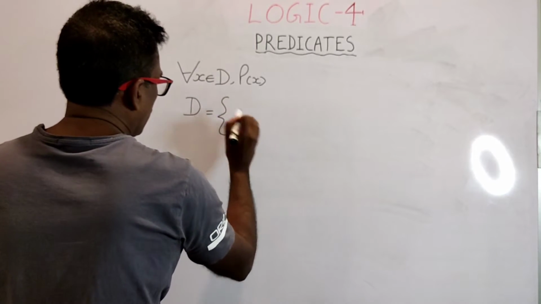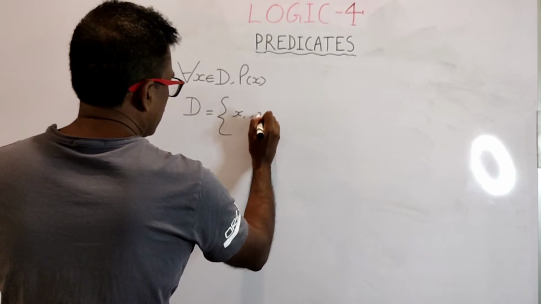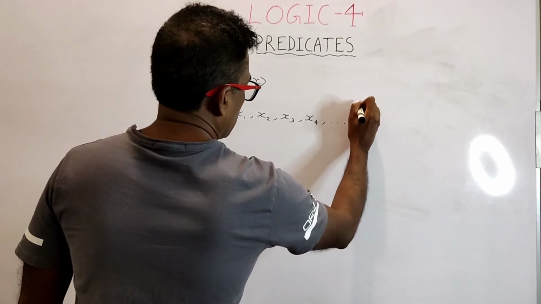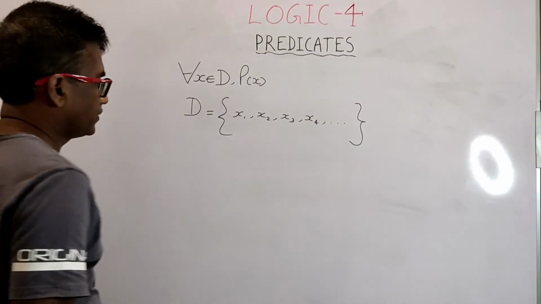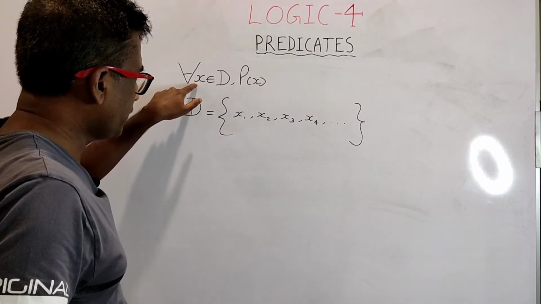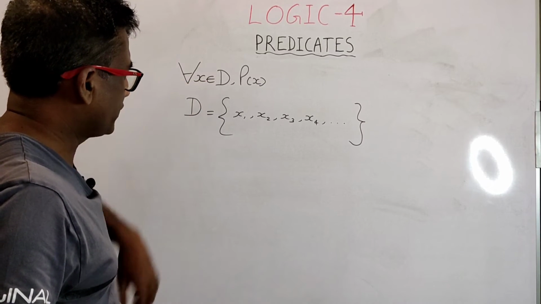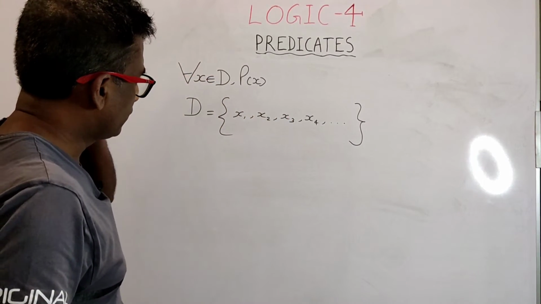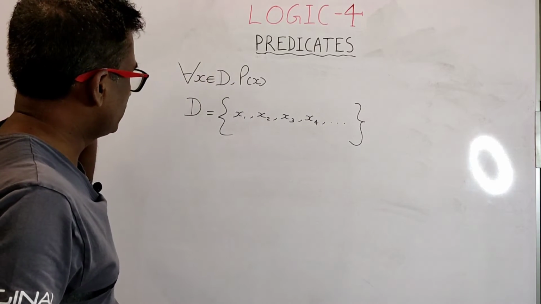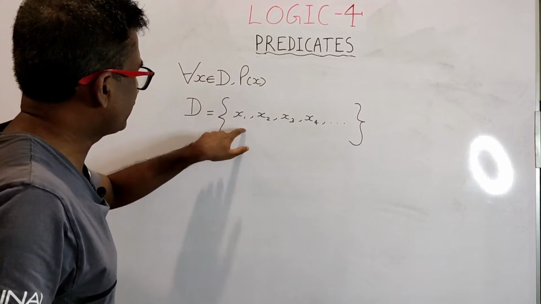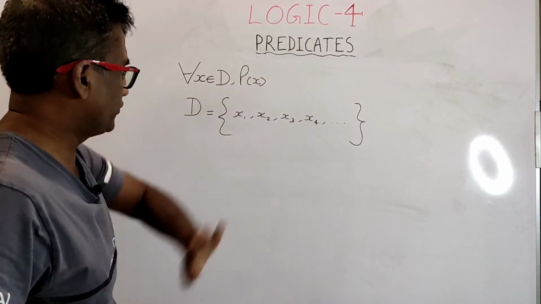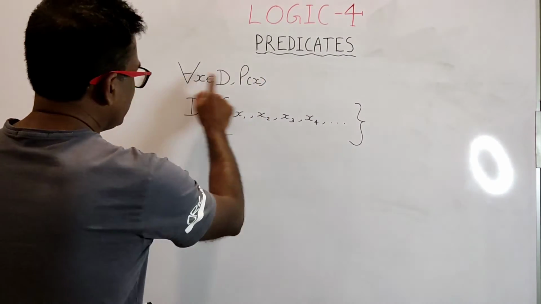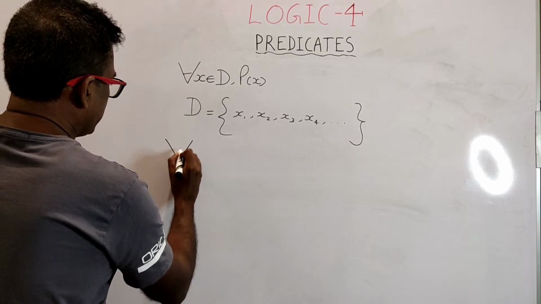Let D equal x1, x2, x3, x4, and the number of elements may be finite or even infinite. Now this x does not have a subscript. The reason is this x could be any of these. It means all the x in D. These are known values. Now try to understand this very carefully.